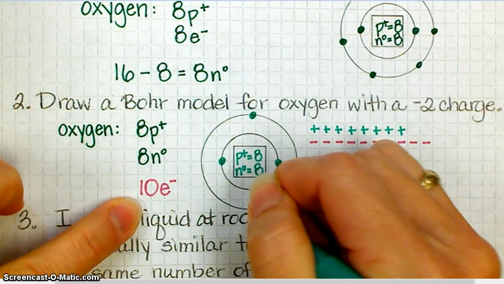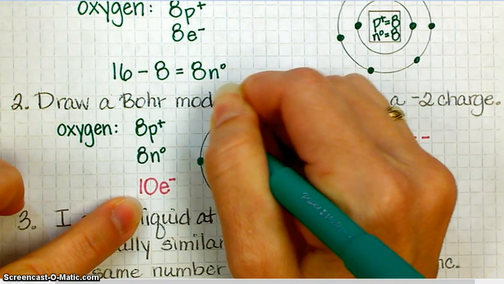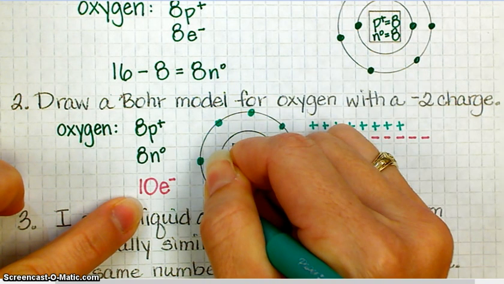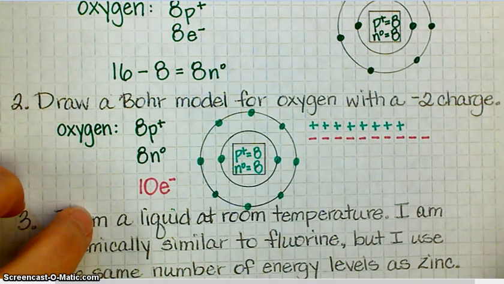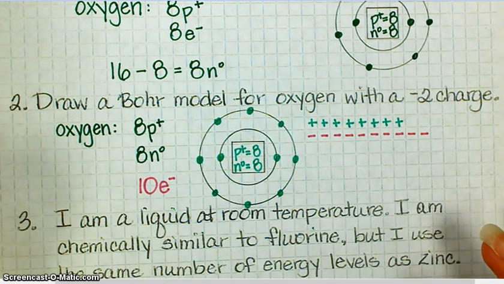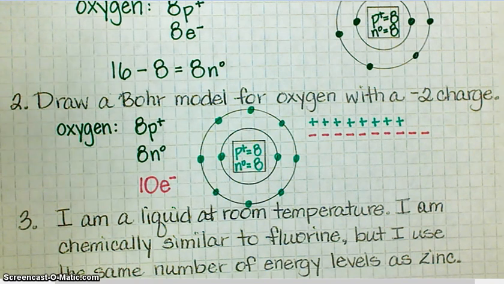So I put 2 in the first energy level, and then the other 8 will go in the second energy level. Okay? And that second energy level is now full with those extra 2 electrons. So I know it's got 2 extra electrons because it has a -2 charge, and remember that electrons are negatively charged.